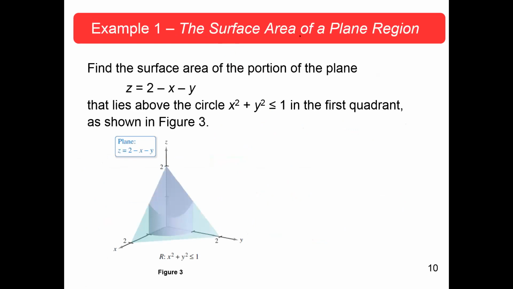Example 1, the surface area of a plane region. Let's find the surface area of this portion of the plane z equals 2 minus x minus y, this straight plane that lies above the circle x squared plus y squared less than or equal to 1 in the first quadrant, as shown in figure 3.